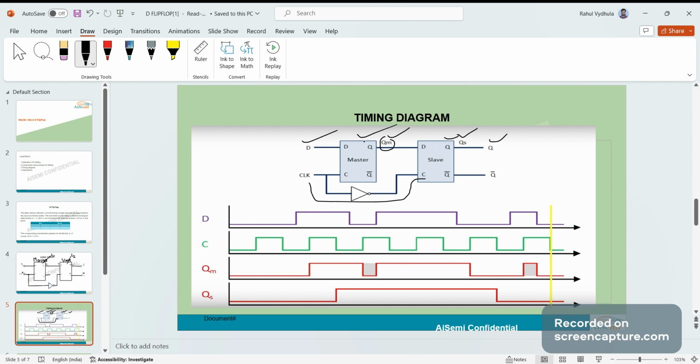For the slave, QM is the input and QS is the output. And we can say that Q is equal to QS. That was an assumption we considered just now. And let us consider this time period. This is actually the clock pulse.